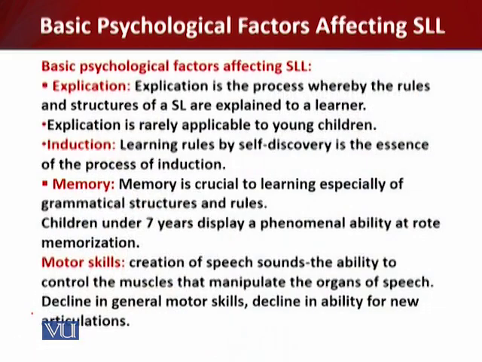We will start with explication, which is the process whereby the rules and structures of a second language are explained to a learner. Now this explanation is given in the first language of the learner. The learner is then expected to understand, learn, and apply the rule in the second language.